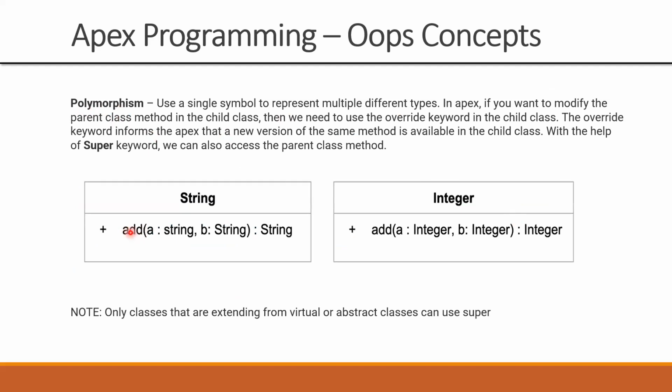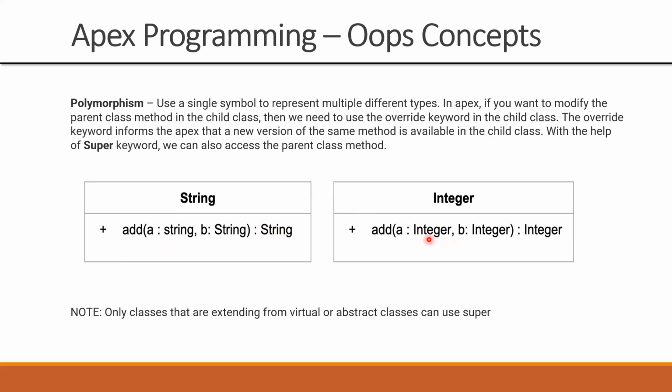So add. If I'm adding two strings and returning one string, it will become concatenation. Okay, I'm saying Ram and Sita, so it will become Ram Sita. Or if A equals Nikhil, B equals Gupta, then the output will become Nikhil Gupta.